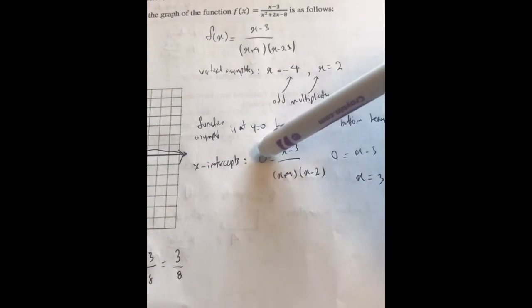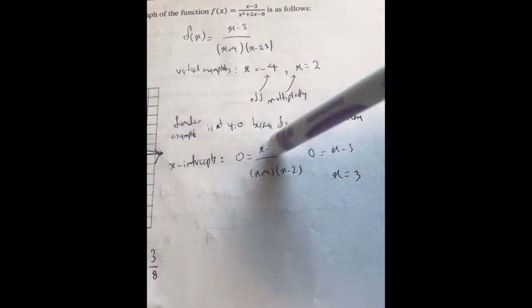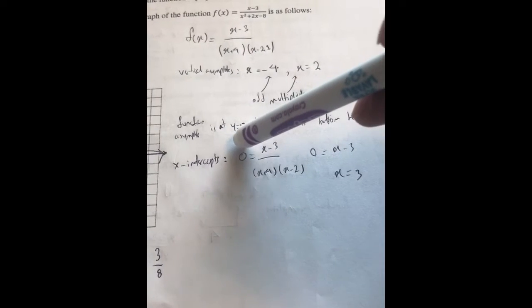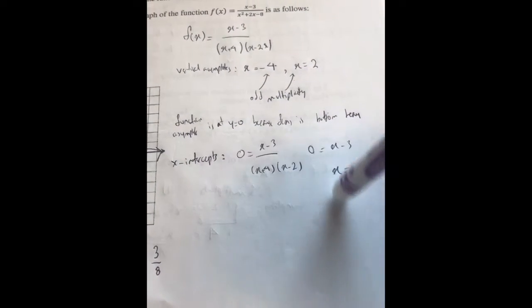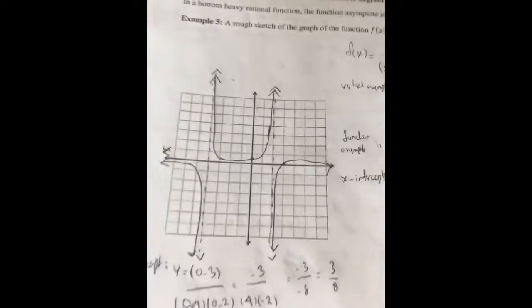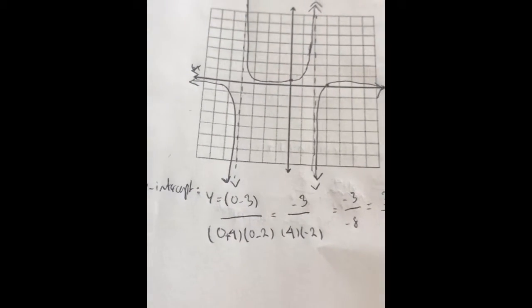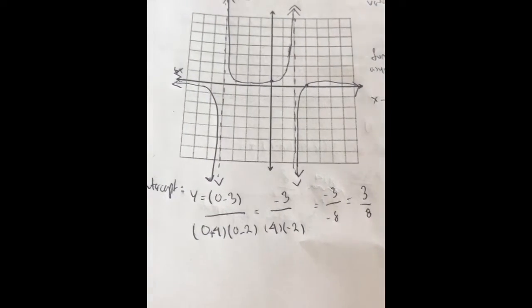So right here, 0 equals x minus 3 divided by x plus 4 times x minus 2. Now we know that if we had 3 as x right here, we would have 0 on the top, which would make everything equal 0, which would give us an x-intercept at 3 right here. And that's pretty much the steps you need in order to graph a bottom-heavy rational function.